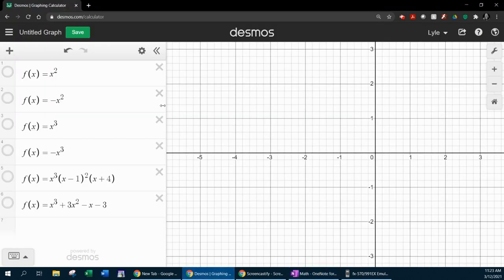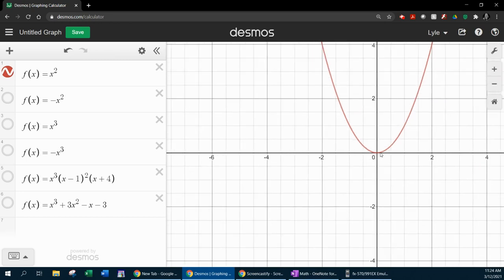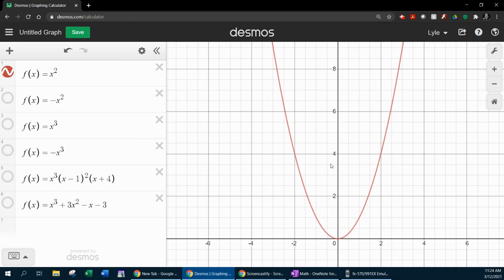Now, what does that mean? Well, here we have a function that has an even degree. The biggest exponent is a 2, which is an even number. And the leading term, which this is the only term, so it's the leading term, is positive. So if you look at this function, you're going to see as I scroll out and move the graph that this graph rises left and right.